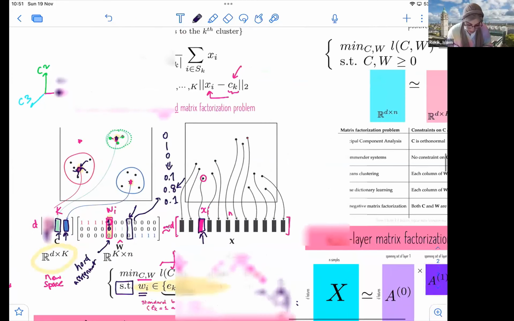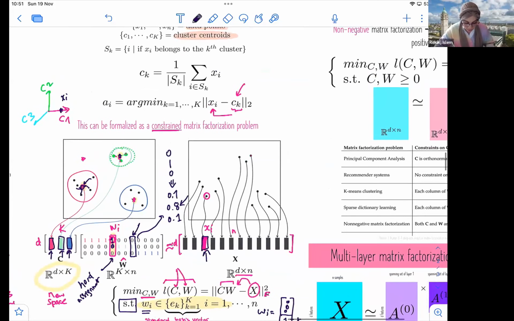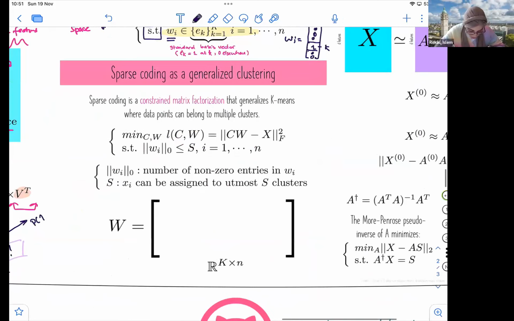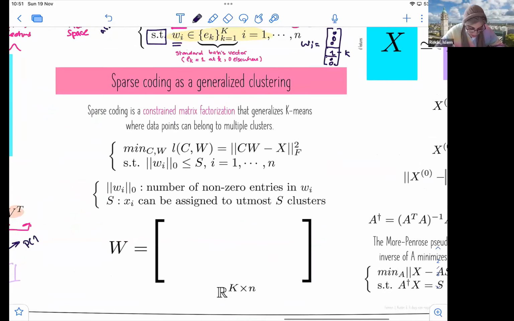So this is a constrained optimization, and clustering can be formalized as that. Now we have seen something so interesting also. We have seen that sparse coding is a generalized clustering. Sparse coding means we have sparsity. If you don't know what sparsity is, it means that the majority of the values, if I have a matrix A, the majority of elements in A are almost equal to 0, more than, for example, 95%.